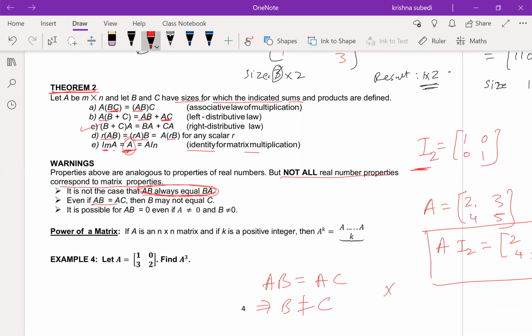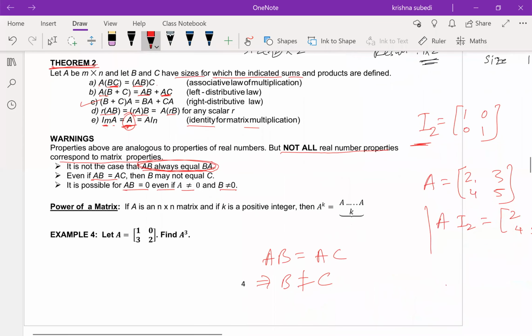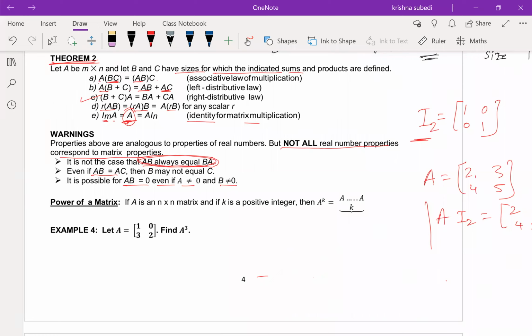It may happen sometimes in particular situations, but it is not always the case. In algebra, when we have xy equals xz, then we can write y equals z. But in matrix multiplication, it doesn't work that way. It is possible for AB to equal 0 even if A is not equal to 0 and B is not equal to 0. Remember in high school algebra, if xy equals 0, then we can write x equals 0 or y equals 0.